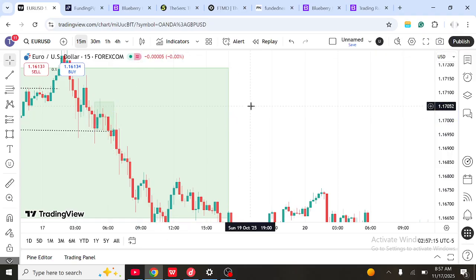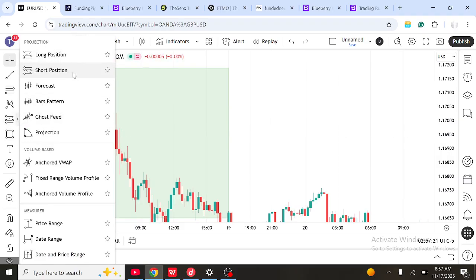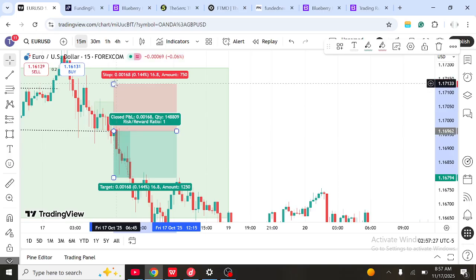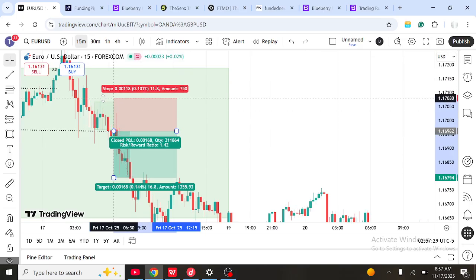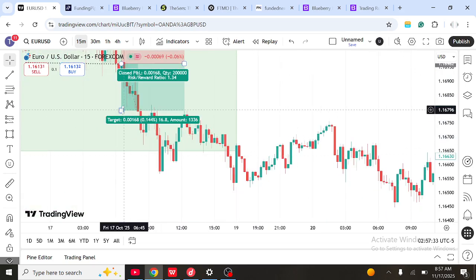So what am I going to do? Immediately price closed below here, I will take my sell limit, or just take a manual entry, place my entry there, and my stop loss will be above the order flow, and then I go in for 1:5.